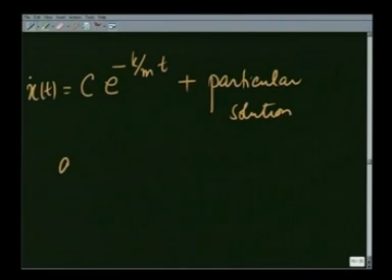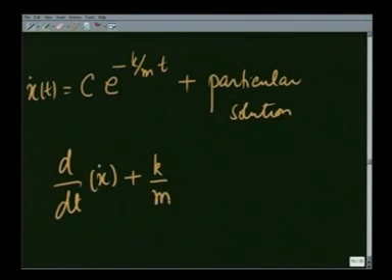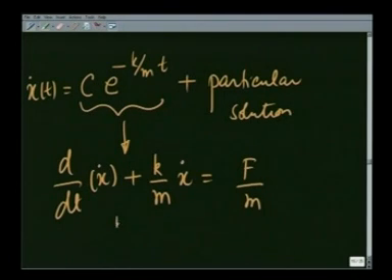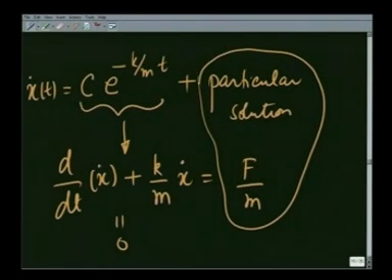Remember, I am solving the equation d over dt of x dot plus k over m x dot is equal to F over m. This is the solution corresponding to this part equal to 0. The particular solution would refer to this term, and you can see the particular solution is going to be x dot is equal to F over k.